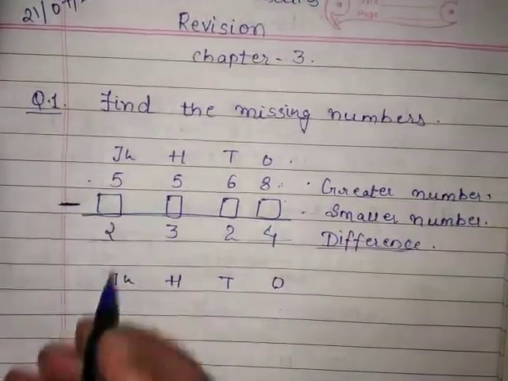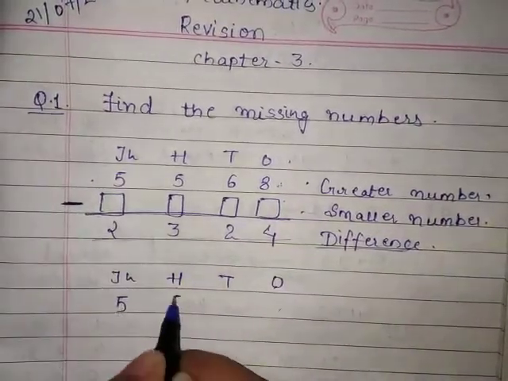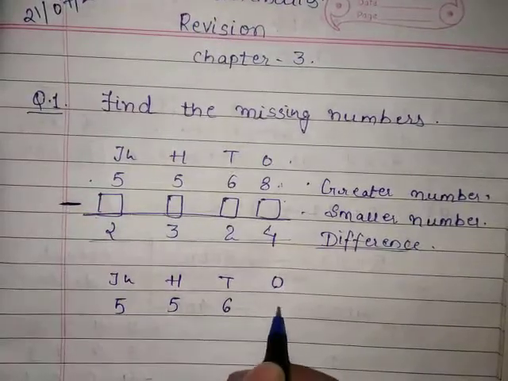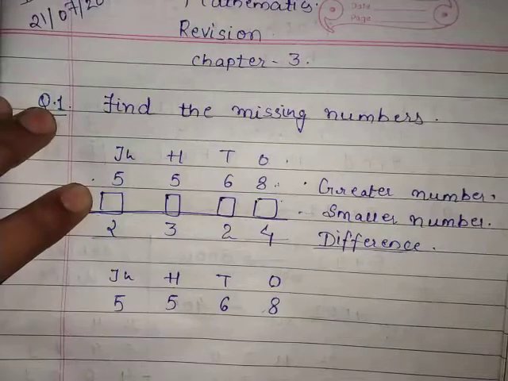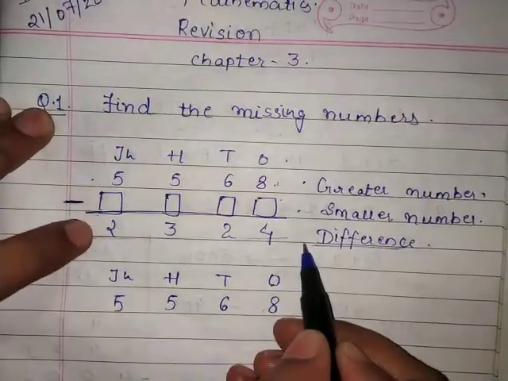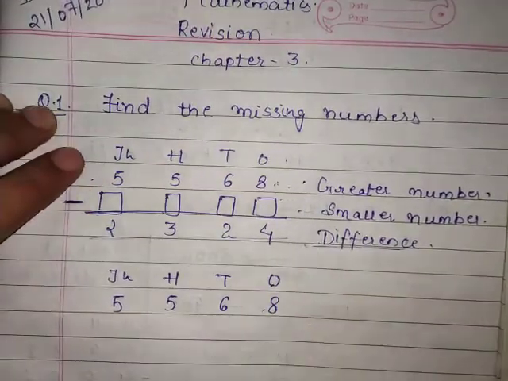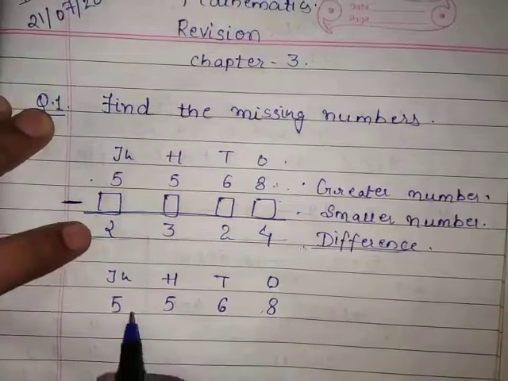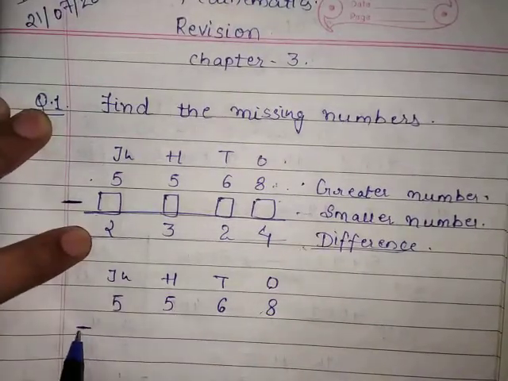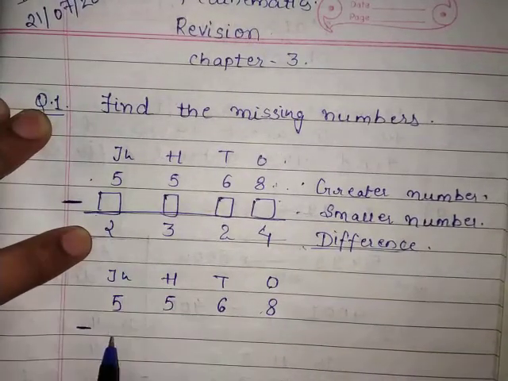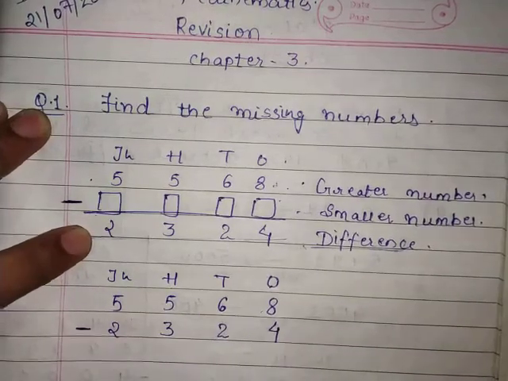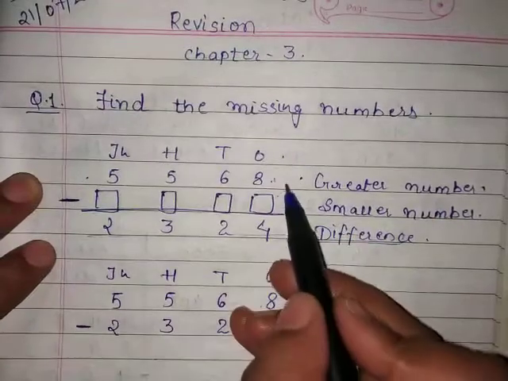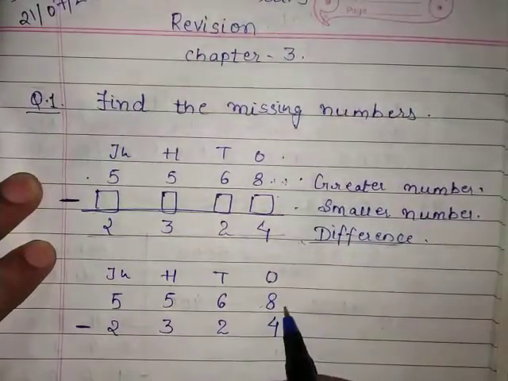So which is the greater number? 5568. Now to get the smaller number, we have to subtract the difference from the greater number. So here what do we have to write? Again minus, then 2324.